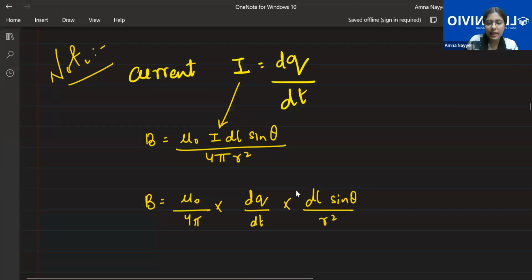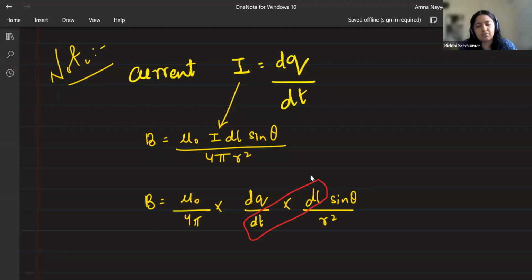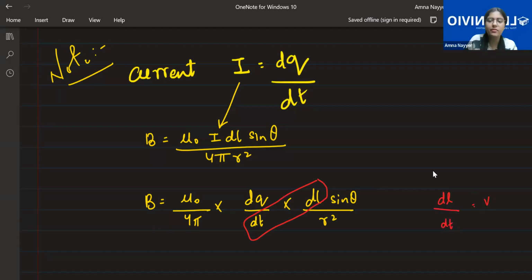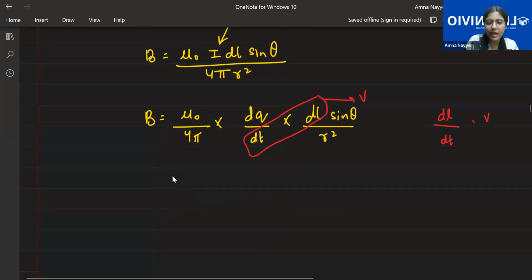So can you just tell me what this is? dl over dt? Velocity. Yes, dl over dt will be velocity, correct. So now something new we will get. Current has gone and this length has gone.